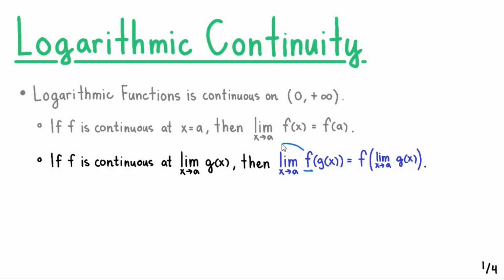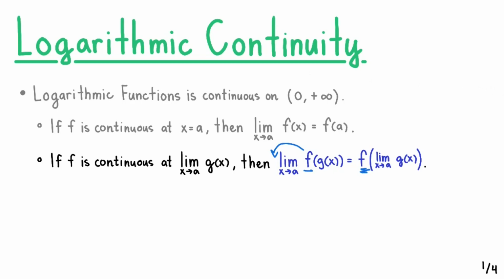This came from the theorem on composite limits, which we applied in the past. You may check that video out in this playlist. So essentially, we can use these two properties of continuity in our study of logarithmic functions.